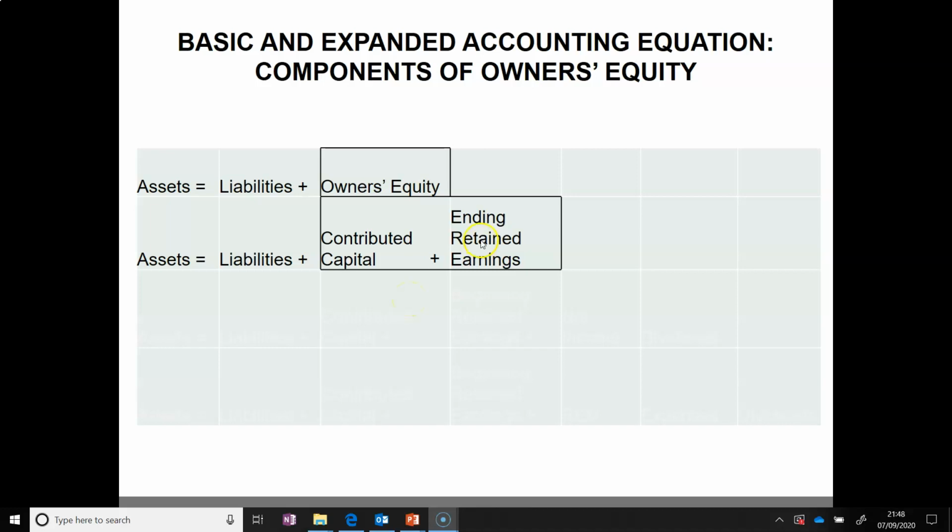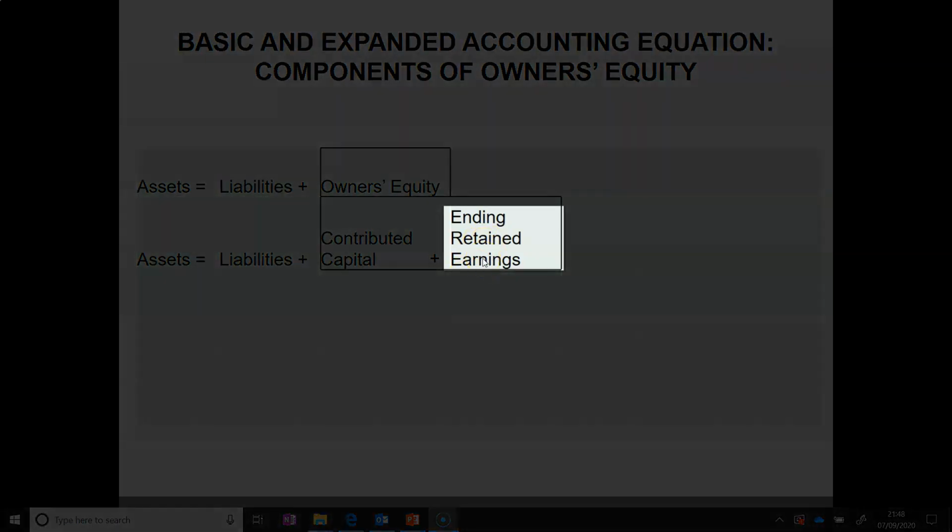Retained earnings represents income that has not been distributed to shareholders or the owners of the business over time. These are earnings available for distribution to shareholders or owners if the company desires so. Retained earnings is the component of owner equity that links the balance sheet equation with the activity equation of the income statement.